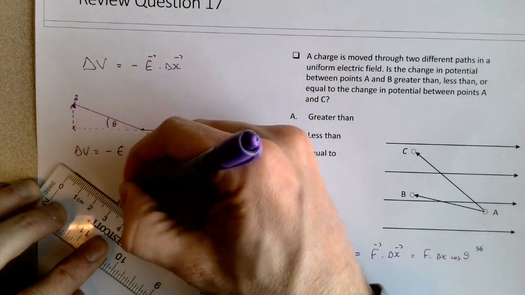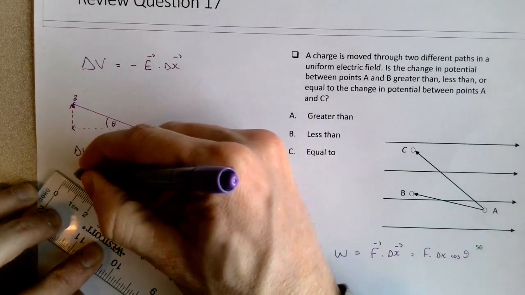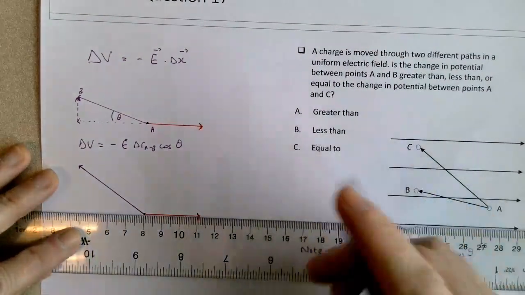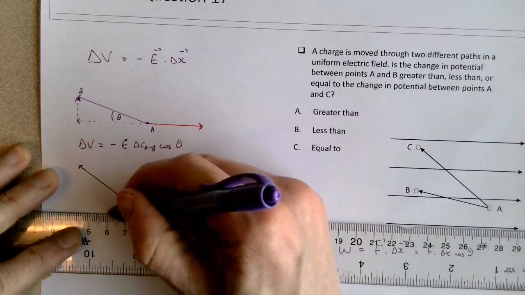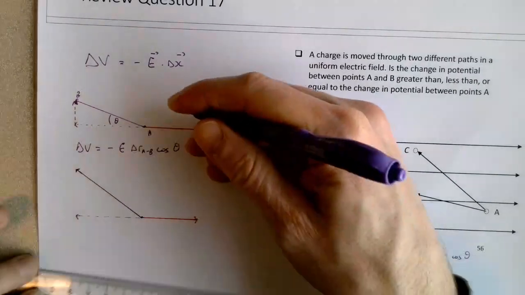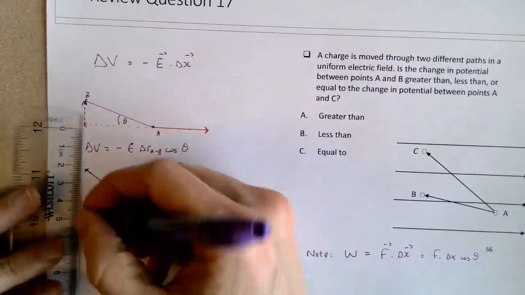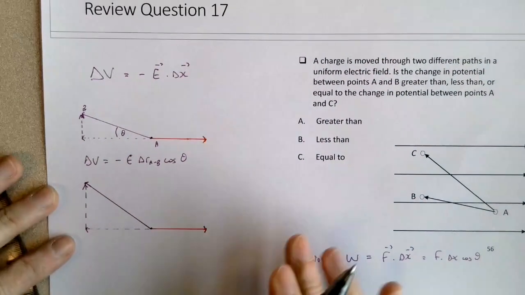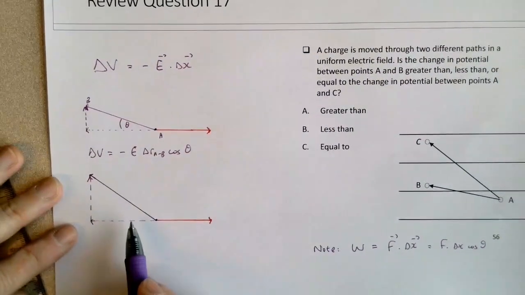It might be further away in direct distance, but all that really matters is the component parallel to the E field, which are identical.